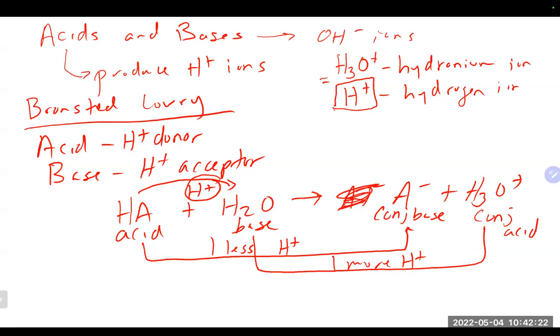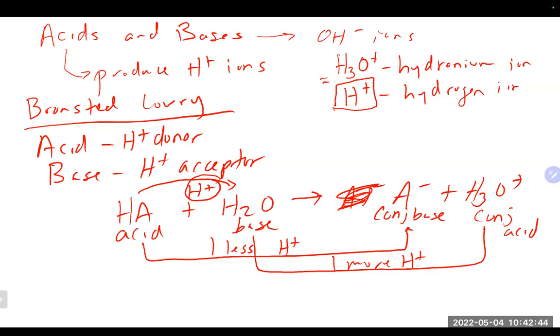It is also important to remember, as we talked about, that it is not just a hydrogen that's being transferred. There is the plus part of it. It does affect the overall charge of what you get on the right-hand side of your conjugate acid and base pairs. If you lose a positive charge, you become one more negative, and if you gain a positive charge, you become one more positive.